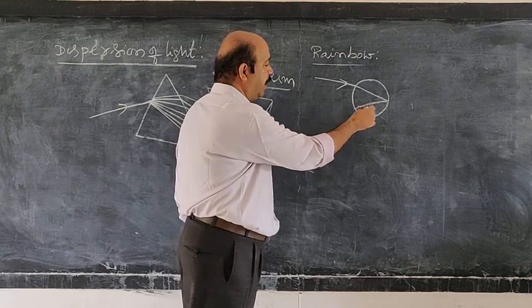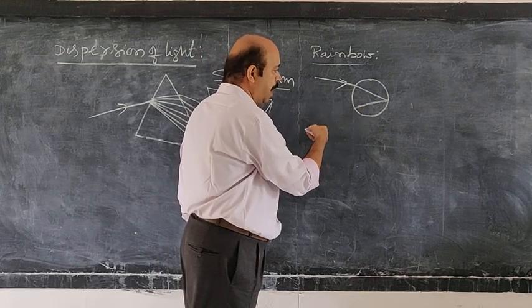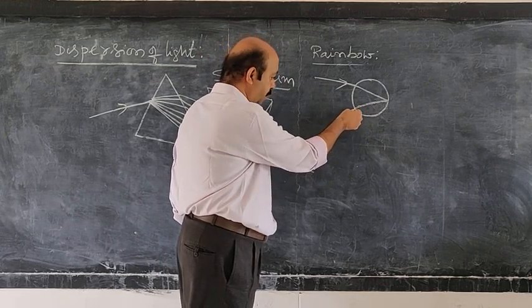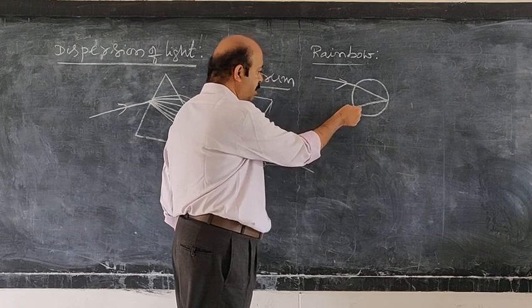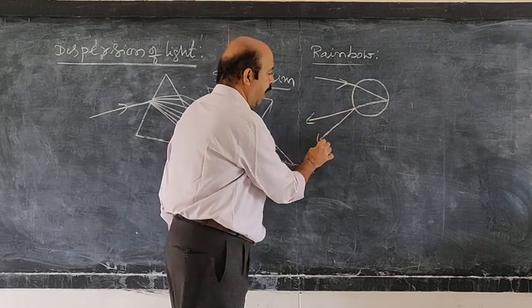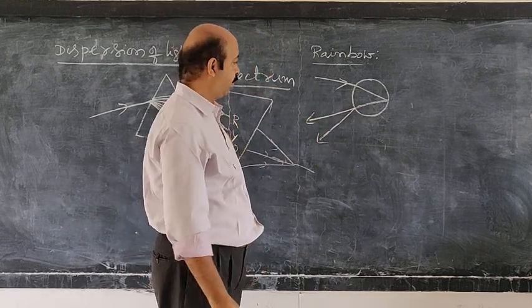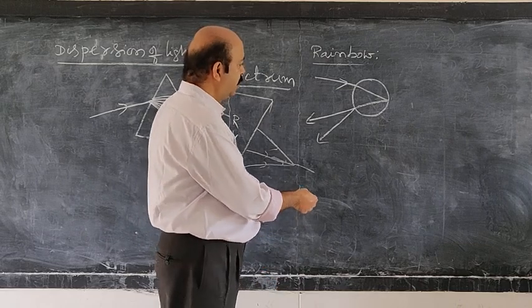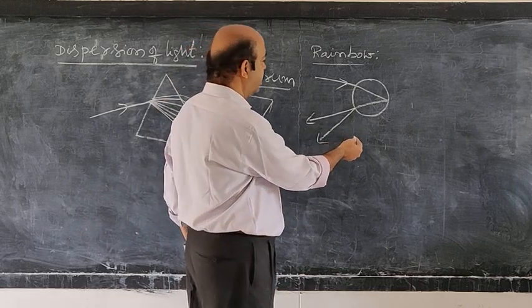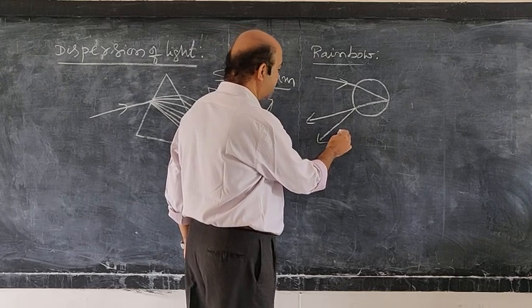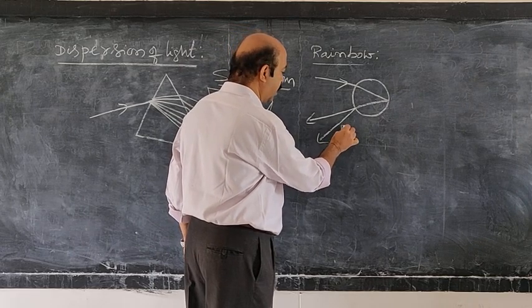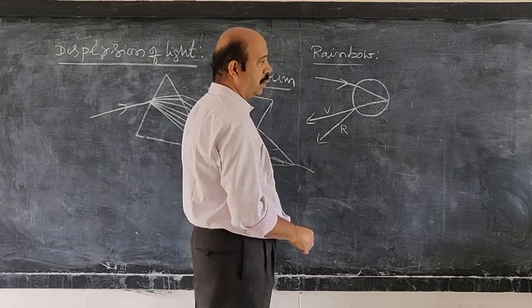I am showing only one ray here. When it comes out, the different colors will come out by different angles of refraction. So first of all, what we get is, say, this is the red and this is violet.